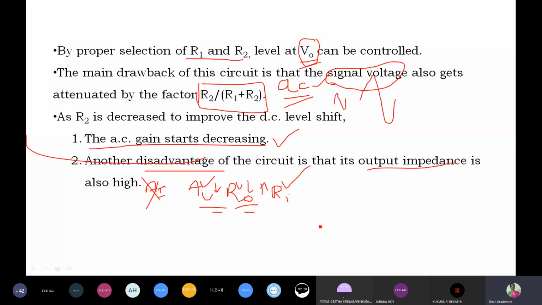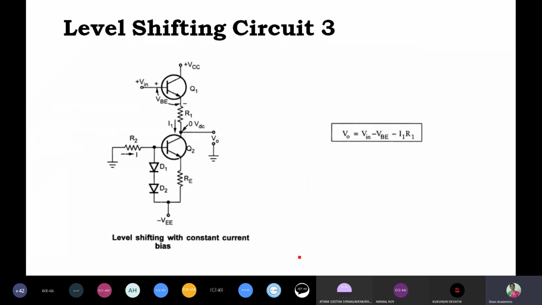So how to eliminate that is another circuit. This is another circuit with which we can eliminate that problem of signal attenuation and also high output impedance, the increased output resistance.